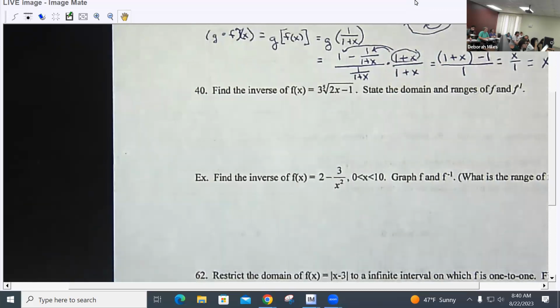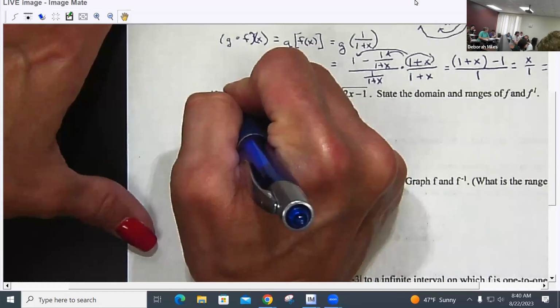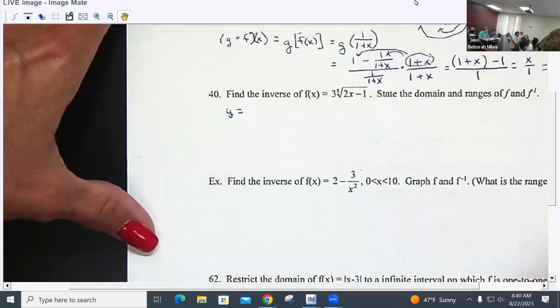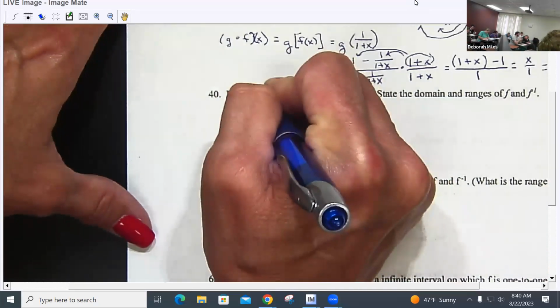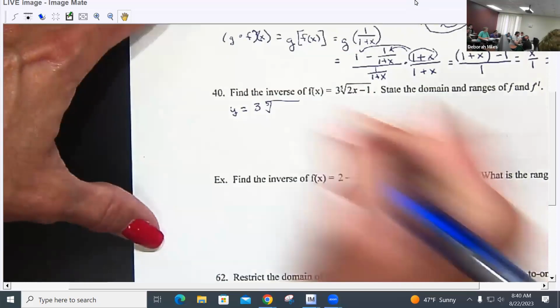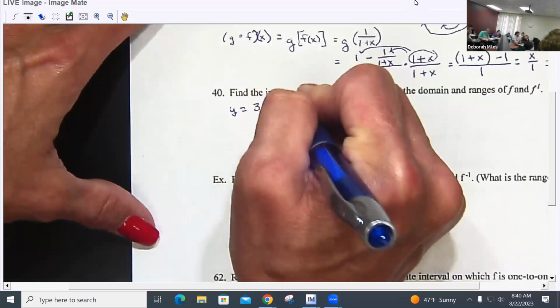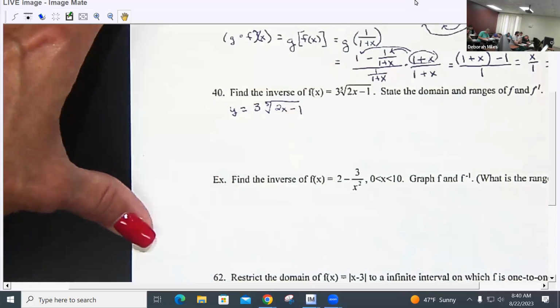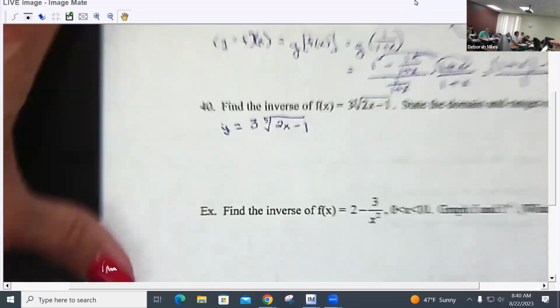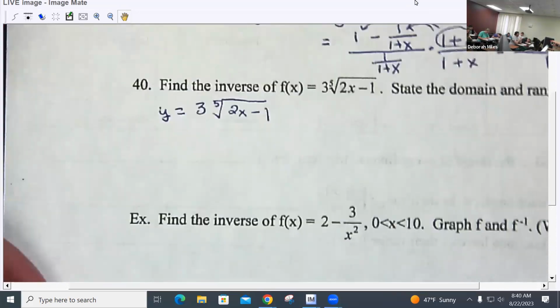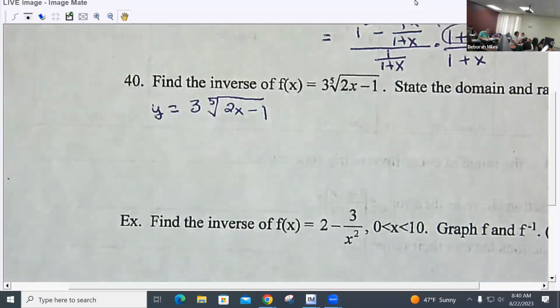I really don't remember which this pre-calculus book does. If I put y equals 3 times the 5th root of 2x minus 1, I think I'll solve for x and then interchange the variables, because you want your inverse function to be in terms of x instead of in terms of y.